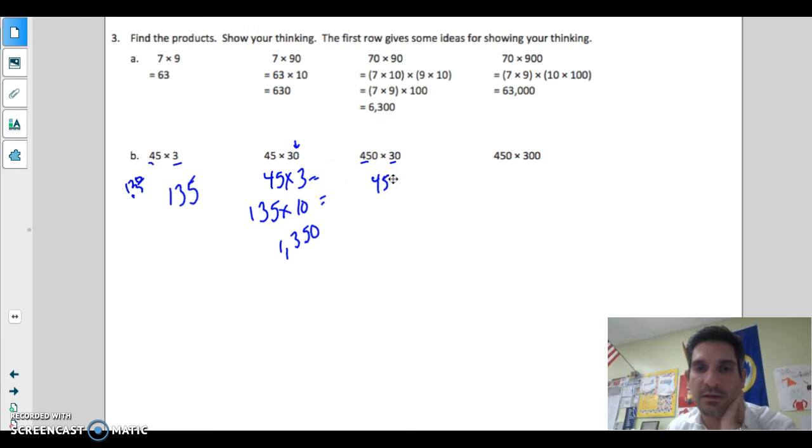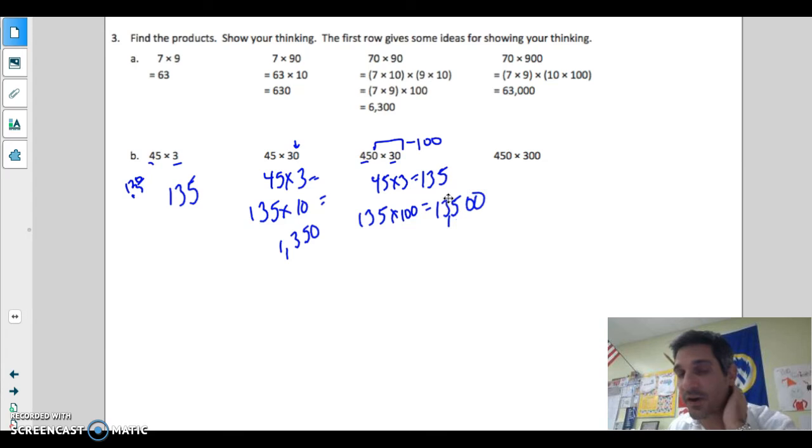Now here, again, basic facts. 45 times 3 is 135. And now I have a 10 times a 10, and that's 100. So now I got 135 times 100 is equal to 135 and then 0, 0. So it's 13,500. Last one, same idea.